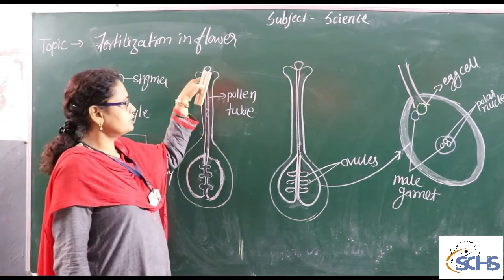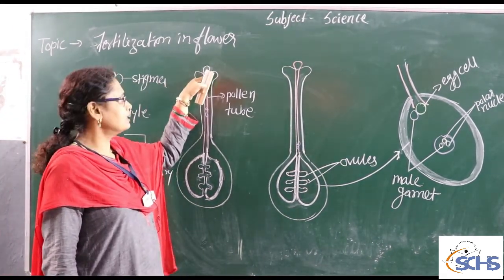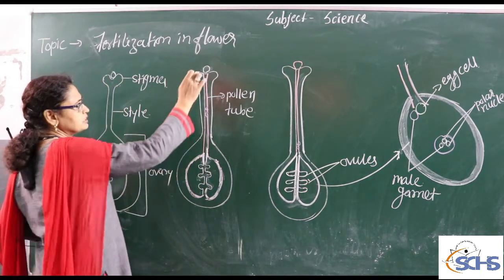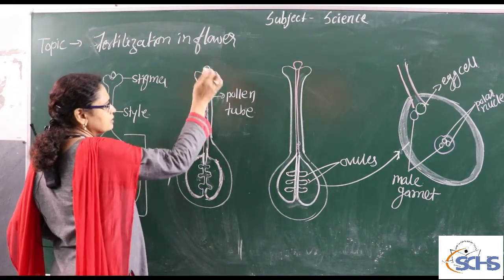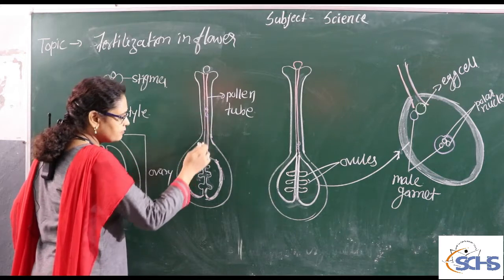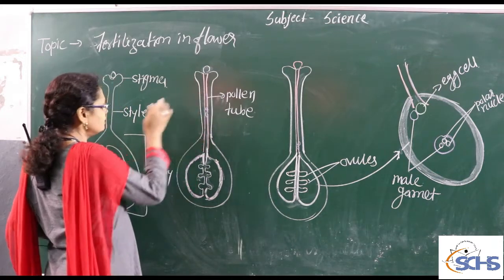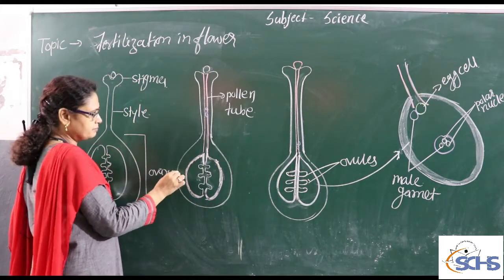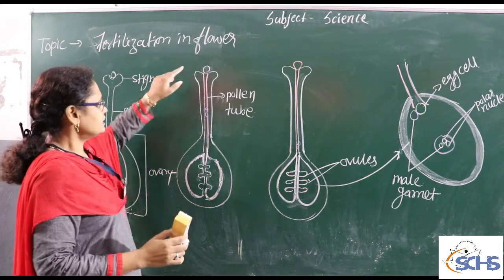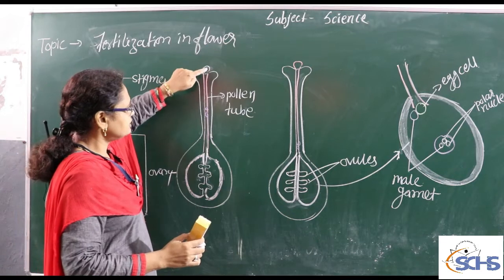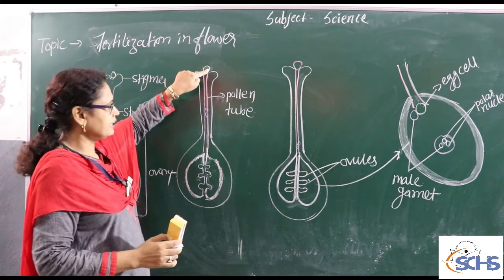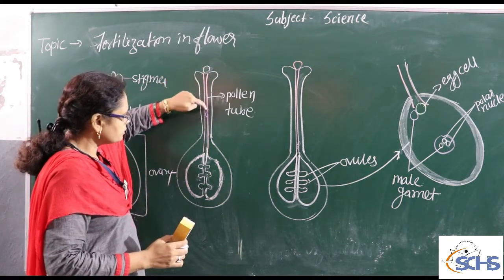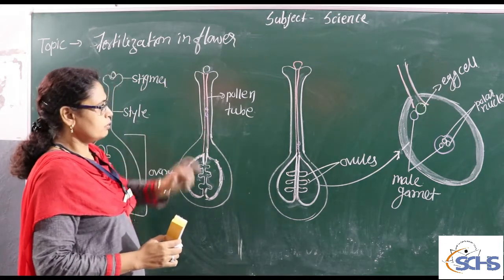The germination of the pollen grain starts. As germination starts, the pollen tube is formed from inside the style and reaches which part? The ovary. And in this process, the male gametes present inside the pollen grain also enter through this pollen tube.